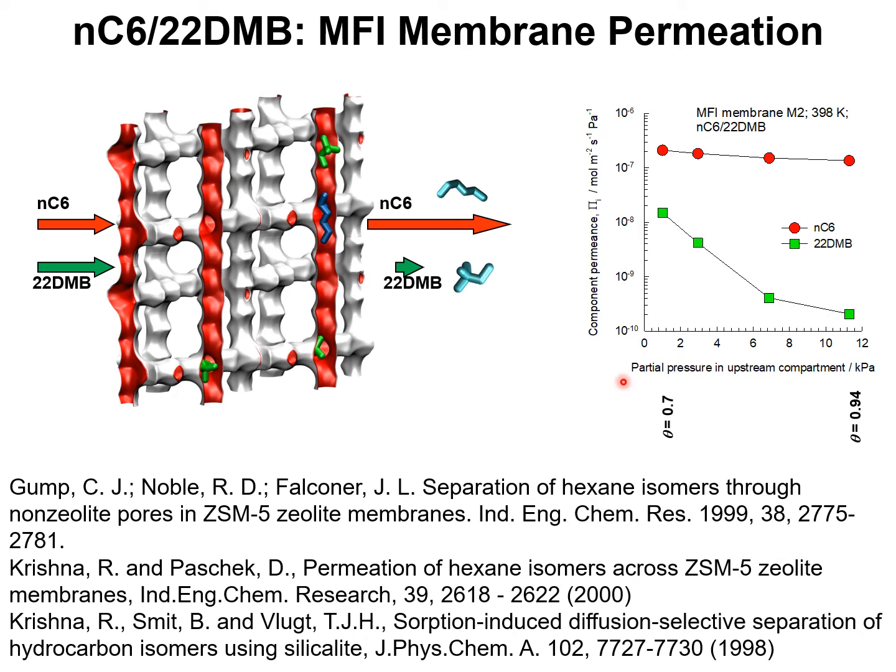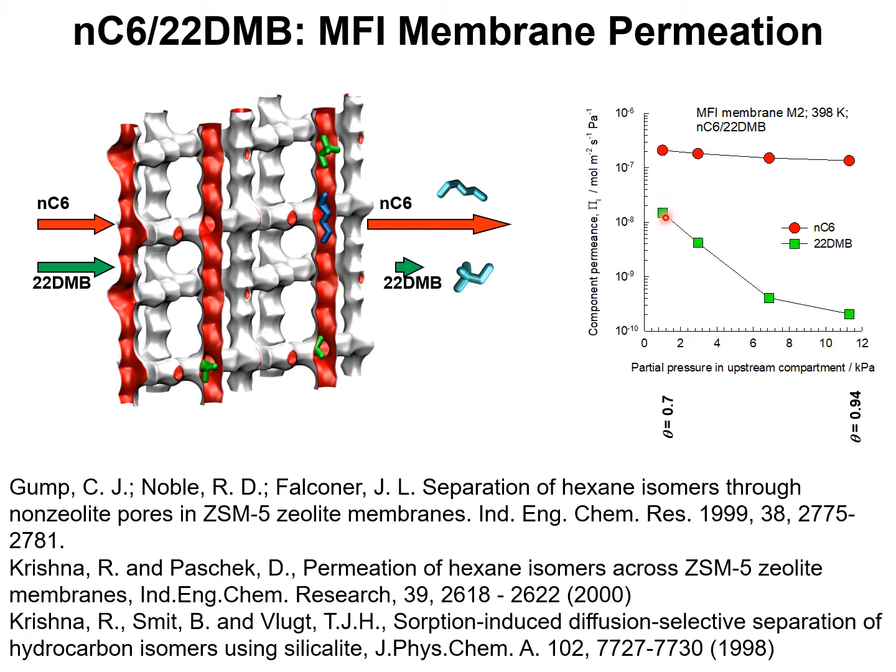With increasing partial pressures in the upstream compartment, we note that the permeation selectivity becomes increasingly in favor of normal hexane, and 2,2-dimethylbutane decreases by about 2 orders of magnitude in its permeance as the partial pressure increases.